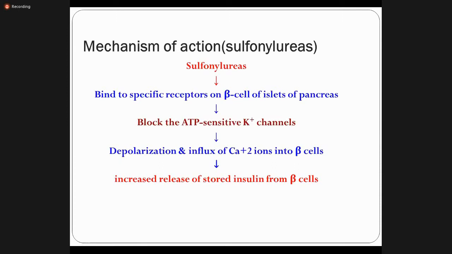So it will lead to depolarization and opening of channels. So influx of calcium ions into the beta cells will take place, and this increased level of calcium, due to depolarization caused by blocking the potassium channels, will increase the release of stored insulin from the beta cells.